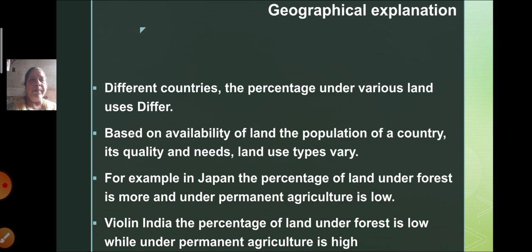Now the example over here is Japan. The percentage of land under forest is more, and under permanent agriculture it is low.